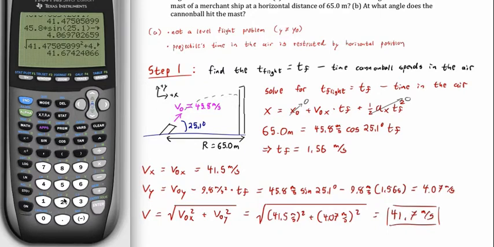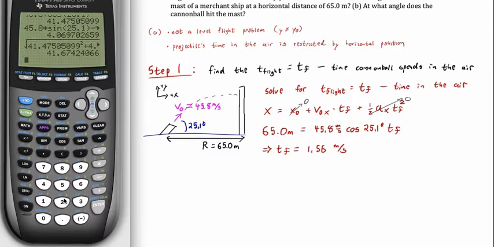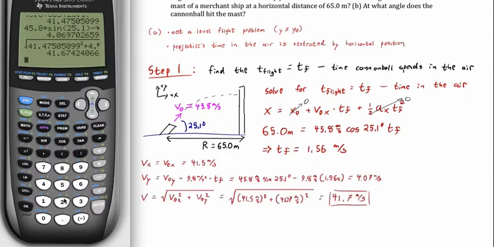And let me just resize this so we can quickly answer part B as well, which is a nice follow-up to A and will only involve taking the inverse tangent, because we're trying to find the angle at which the cannonball hits the mast. If we look at the two components, I'm going to draw in what the velocity might look like.